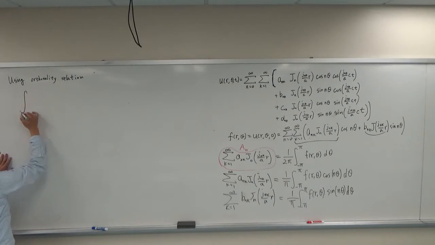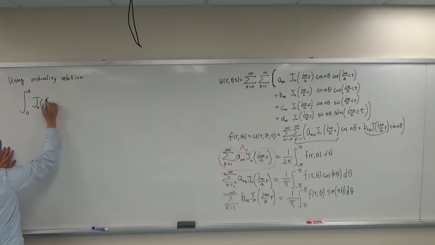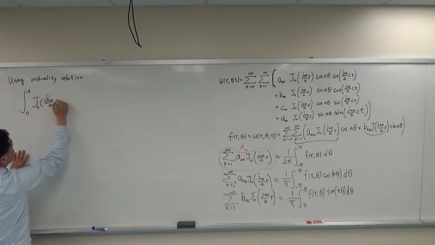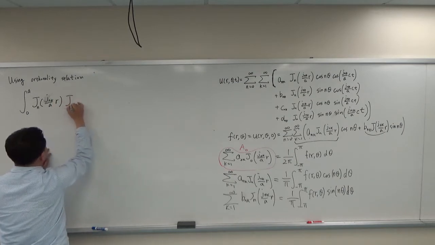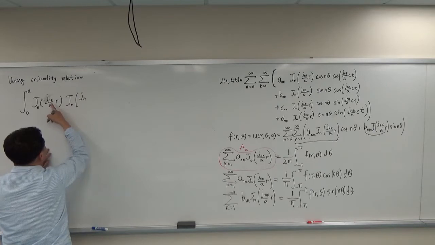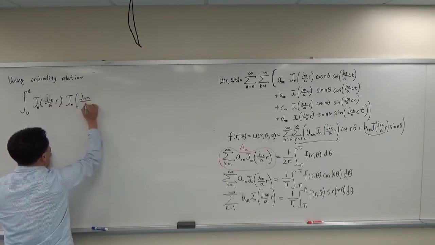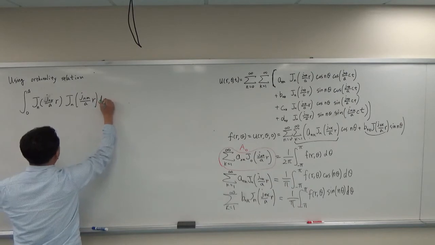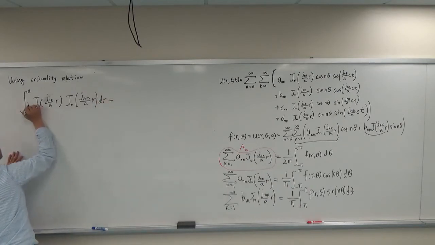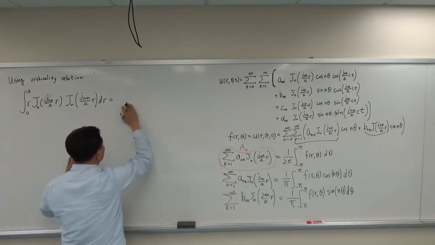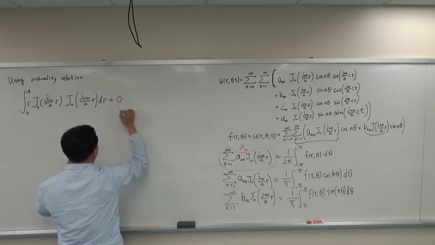If you have the integral from 0 to a of the Bessel function of order n at λ_nk over a of r, times J_n, and instead of k, let me use m, over a of r, dr, you have to multiply by r for some reason, okay? So you multiply by r, it's equal to 0.